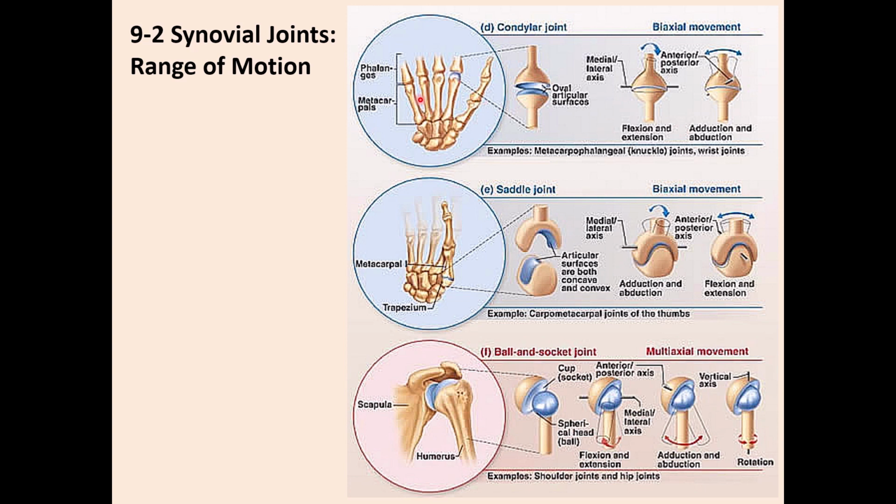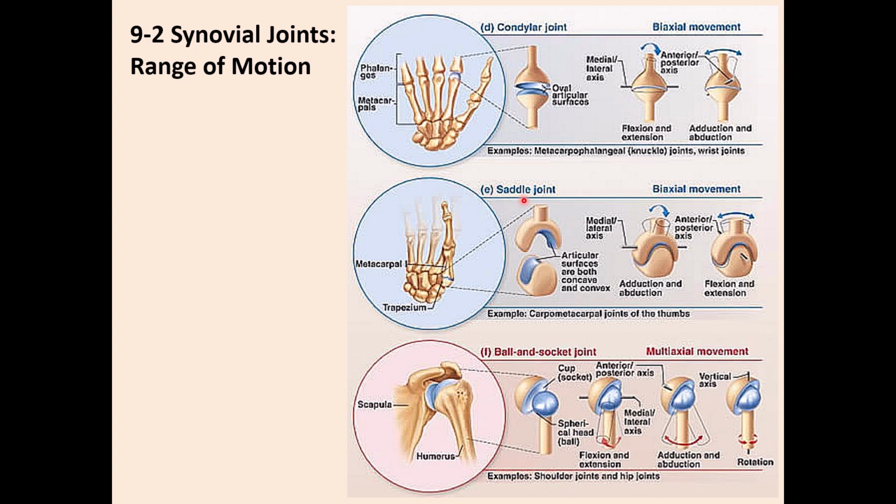An example is the metacarpophalangeal joint. These are metacarpal bones, and these are the phalanges. Also you see it in the wrist area and ankle area, between the wrist bones and forearm bones, and between ankle bones and leg bones.